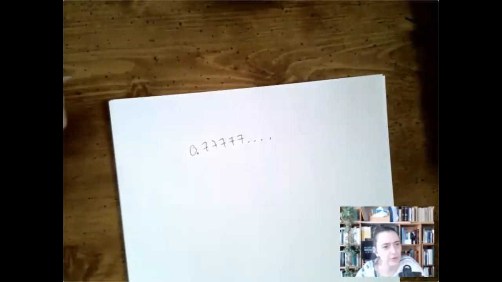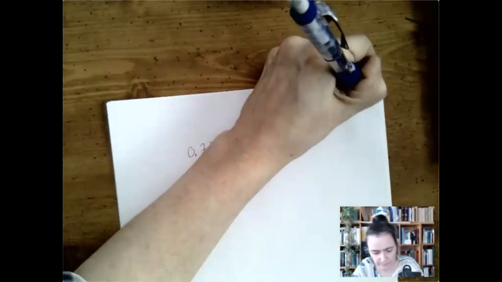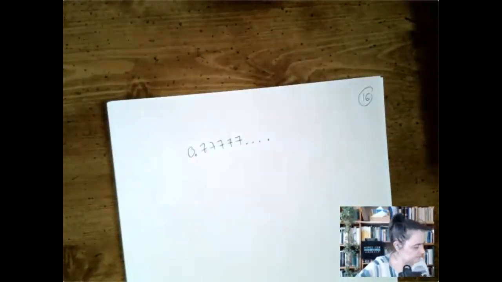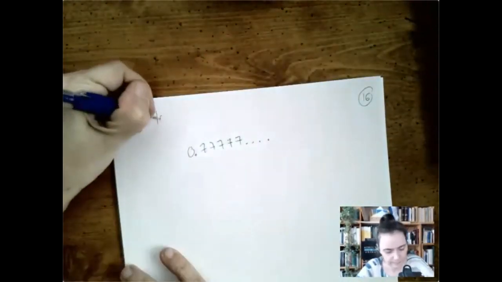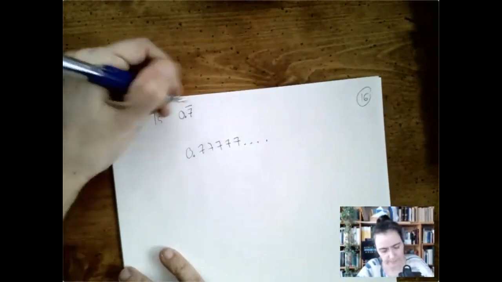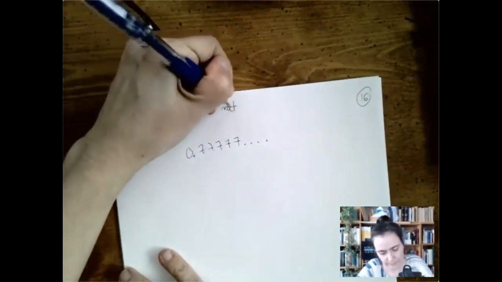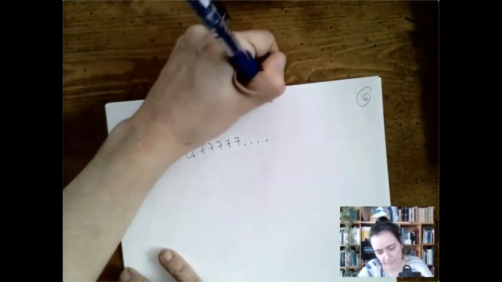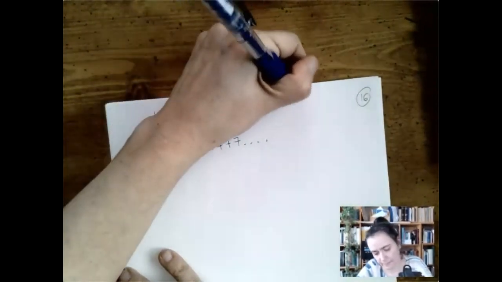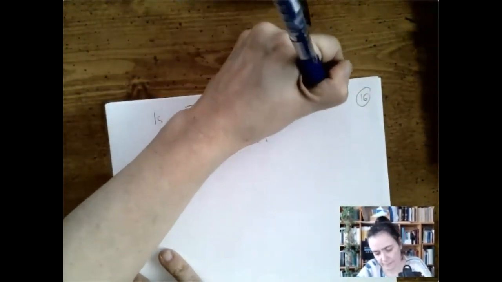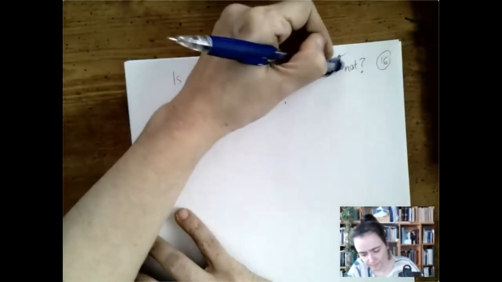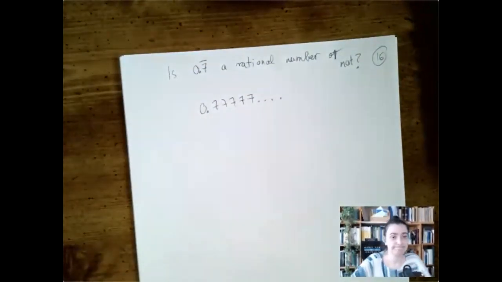Is this a rational number or not? Well, 0.333 is recognizable. This one isn't.